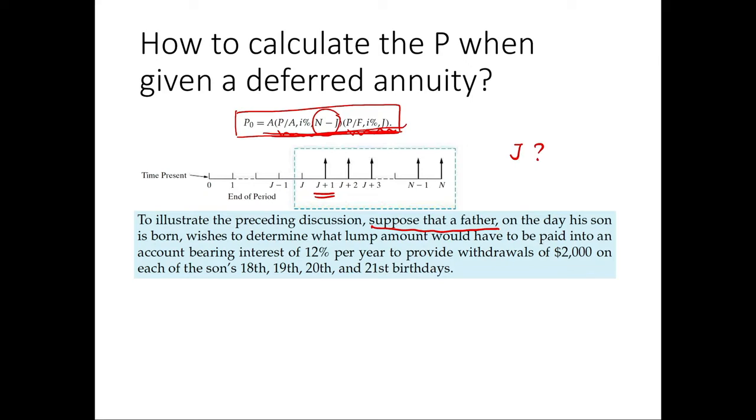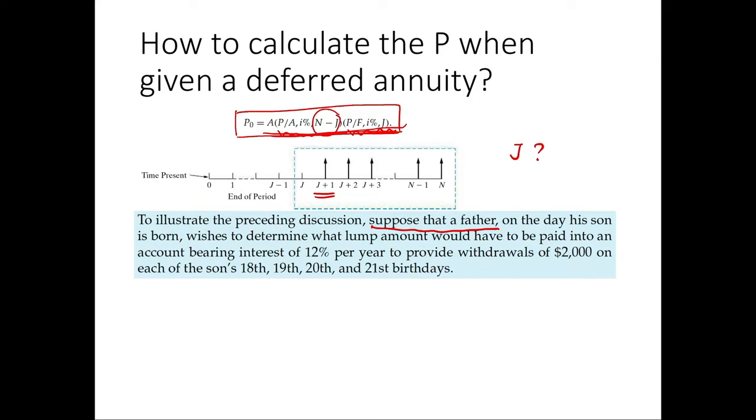And then he could do the same thing on his 19th birthday, 20th birthday, and 21st birthday. So this is a deferred annuity problem, because that annuity, the 2,000, the same amount every year, does not happen at the end of the first year. It happens at a later time, the 18th birthday.